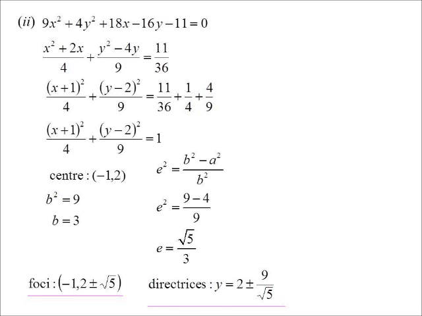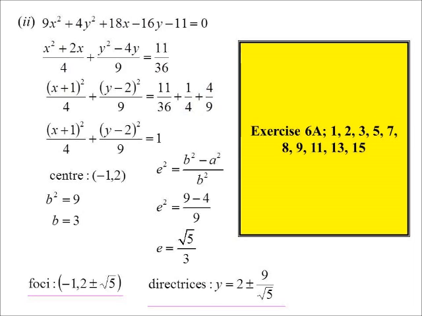It would have been b over e, plus or minus, but we've shifted everything up 2, so it becomes 2 plus or minus that. So it really isn't that big a deal if they did have an ellipse where the centre wasn't at (0, 0). This basic sort of stuff is fine. But as I say, when it comes to finding tangents and normals, things like that, it'll be centred at (0, 0). Okay, 6a.